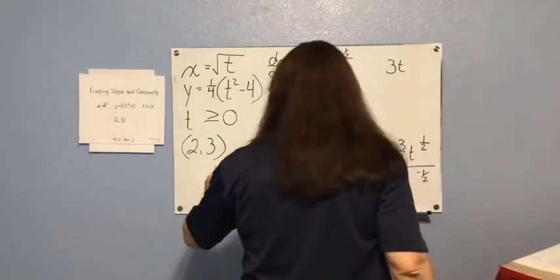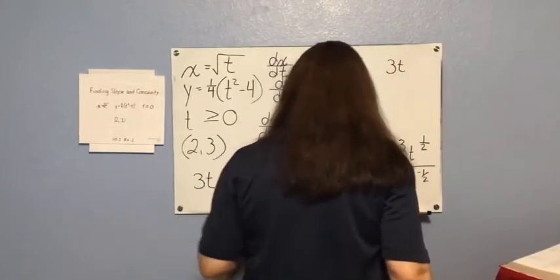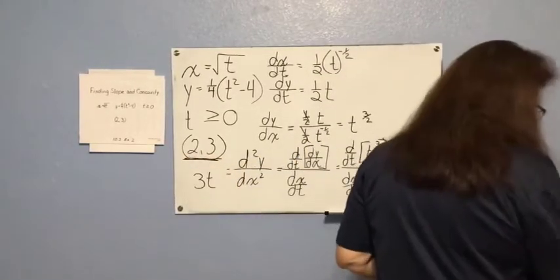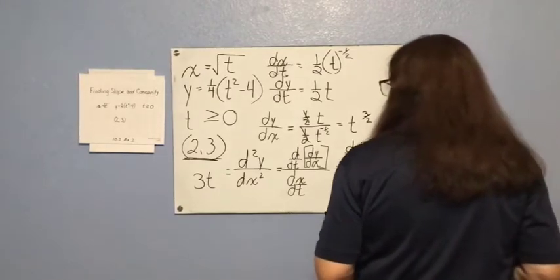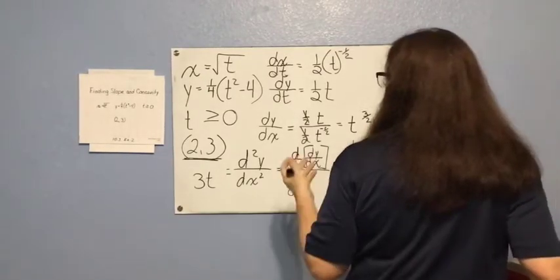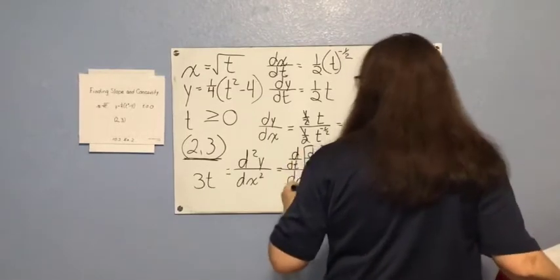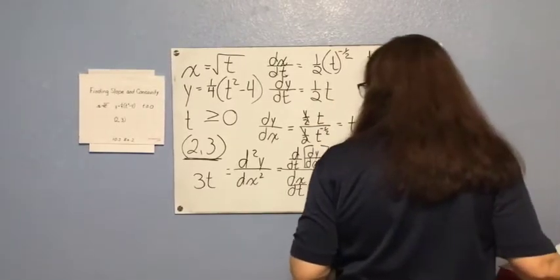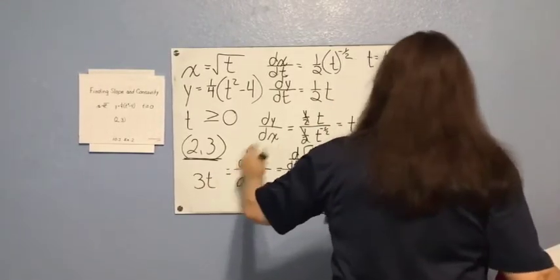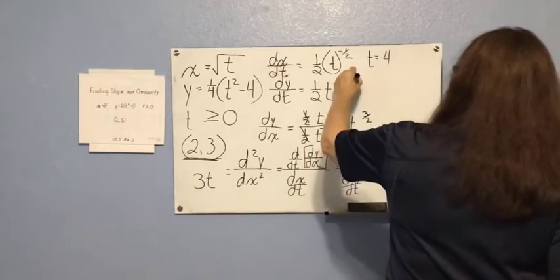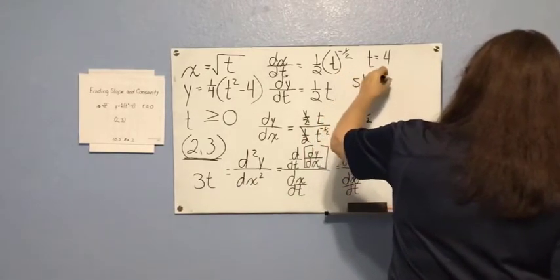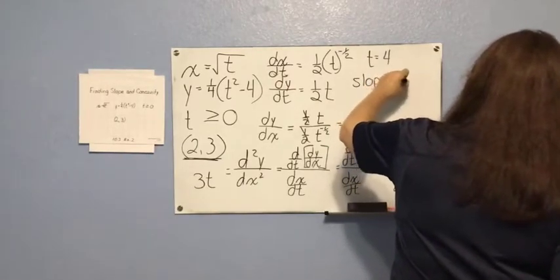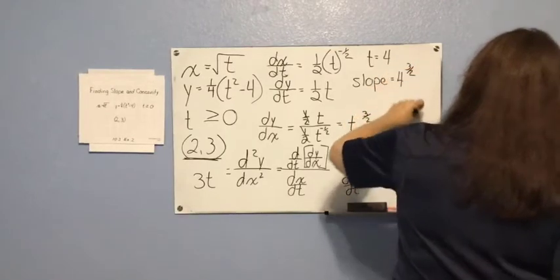Let's put that over here. Okay, now we're going to look at our point for x, y equals 2, 3. Okay, it follows that t is 4. So we're going to look at that point where t is 4. So 3 times t. So the slope would be, let's make this 4 to the 3/2.